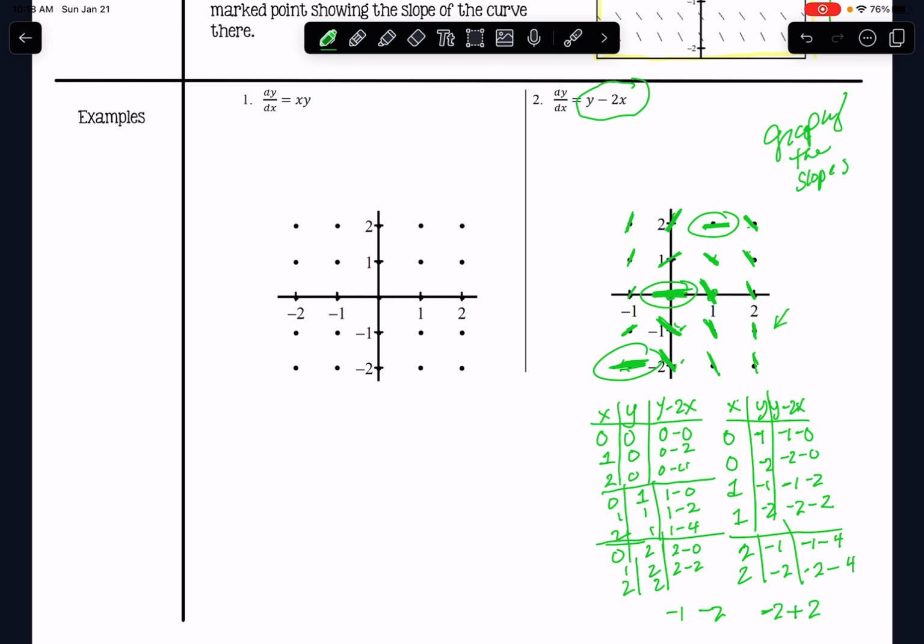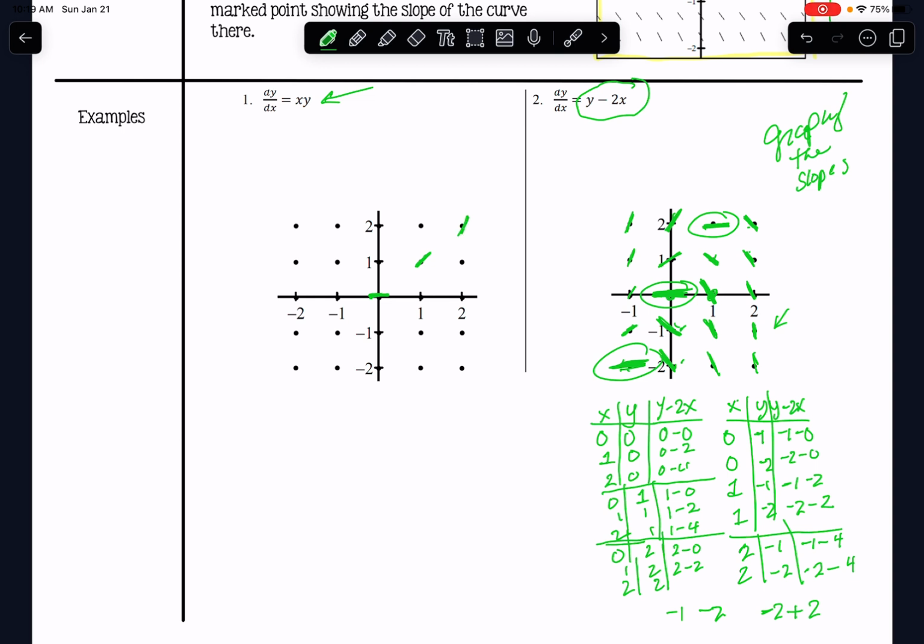If I come over, I want to do this one next. I can do this without making a table. So you can just be thinking, okay, I have 0 times 0, so I have a slope of 0 here. And then 1 times 1 is 1, so I have a slope of 1. And then I have 2 times 2, which is 4, so that would have a slope of 4.